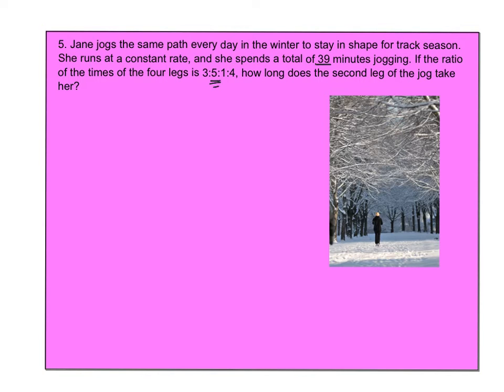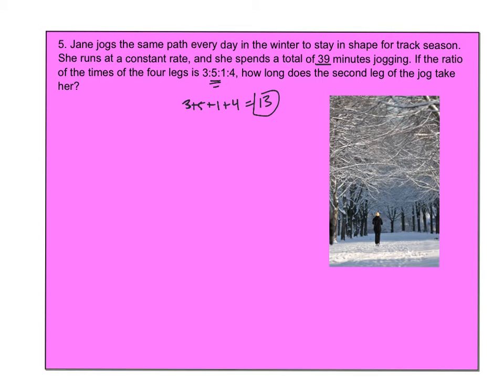So that second leg would be the 5. 3 plus 5 plus 1 plus 4 is going to be equal to 13. So it's like she splits it up into 13 parts.